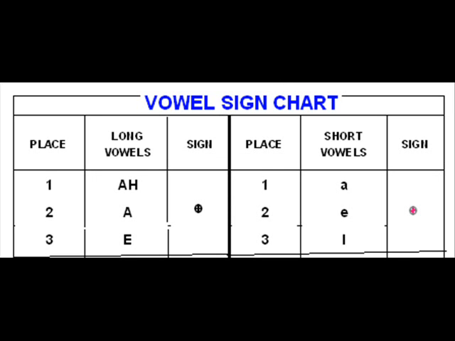Now I repeat, the long vowel sounds A, E are represented by a heavy dot. The corresponding short vowel sounds A, E are represented by a light dot.